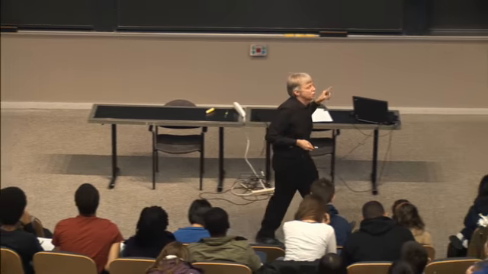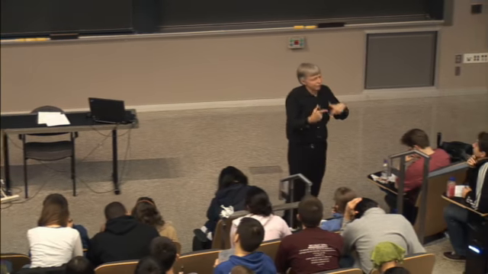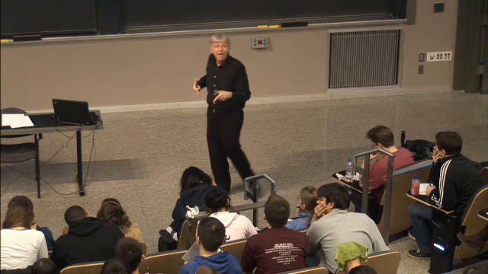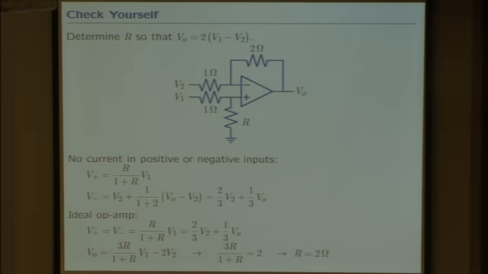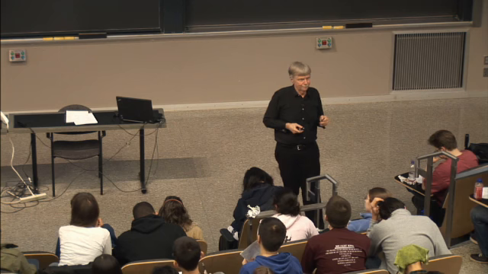But the algebra is already hard here with the ideal op-amp assumption, and with the voltage-controlled voltage source, it's even harder. So the idea is that the ideal op-amp assumption, the idea that V plus is equal to V minus, makes the work of calculating these responses significantly easier. OK? Everybody's with the bottom line?